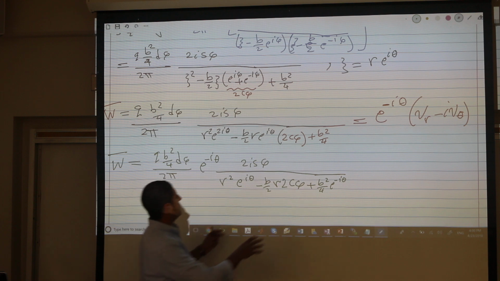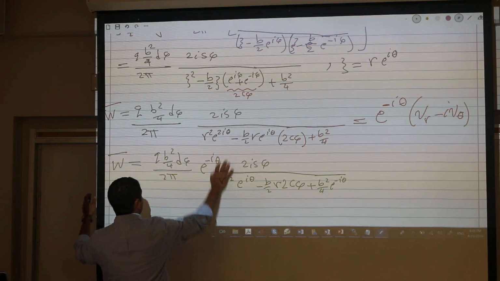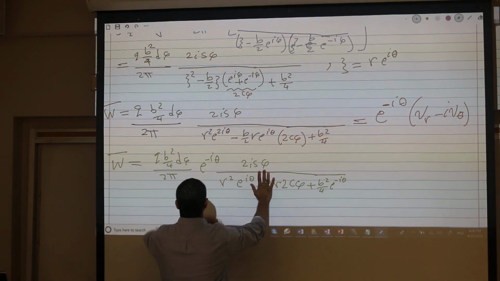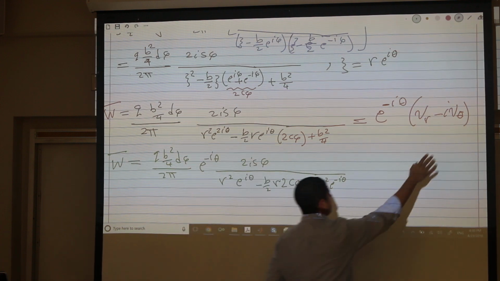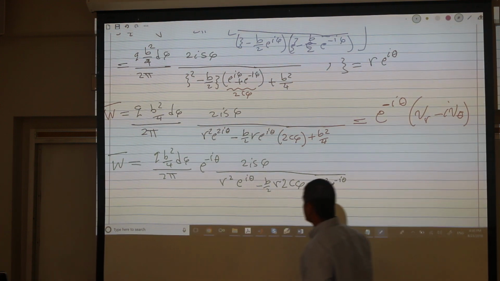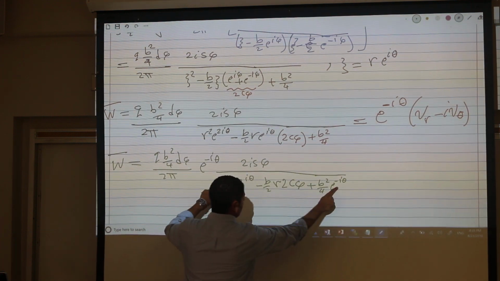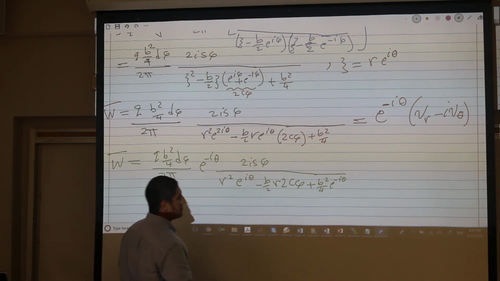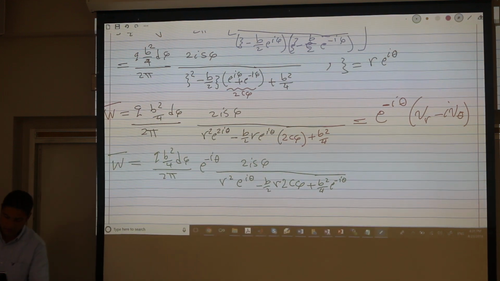So again, from this guy, I created the e to the negative i theta. Whatever is left here, I need its imaginary part. So I will have the denominator, have its real and imaginary parts, multiplied by the conjugate, all this kind of stuff.